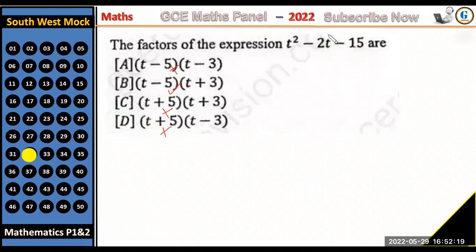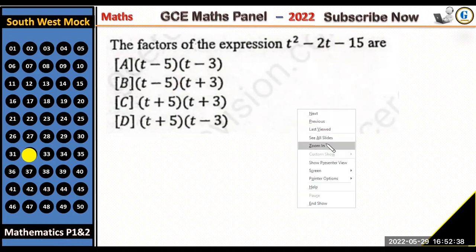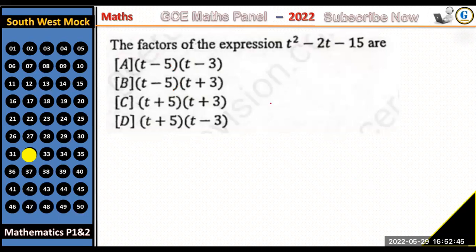For question 32, we have the factors of this expression are, so they want us to factorize this. So what are the factors of this expression? To factorize this, as you already know, we look for the factors of minus 15 that, when we multiply, give minus 15.